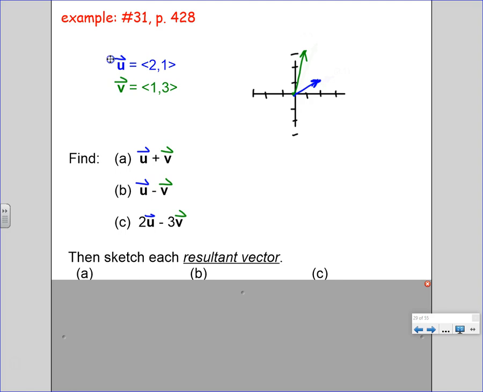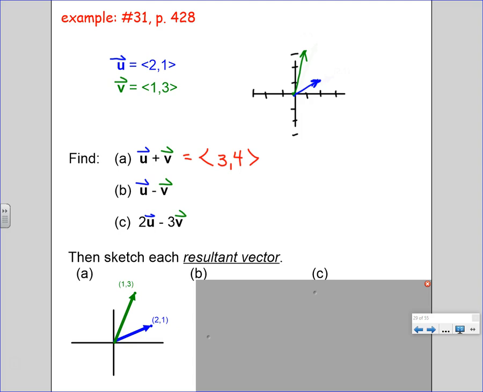Now, mathematically, if I wanted to add these two together, it's so easy because what would my U plus V end up equaling? 3, 4. Super easy. Now, pause. What would that picture look like?